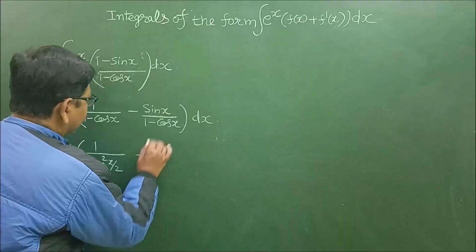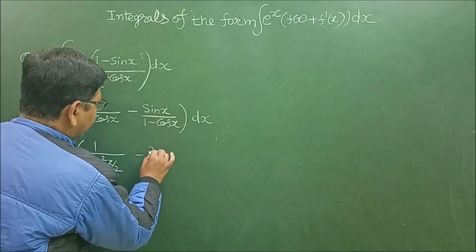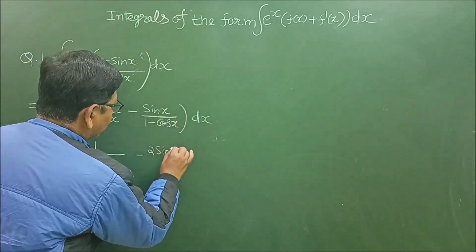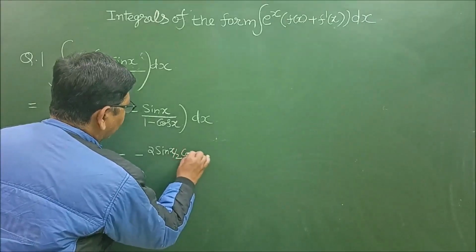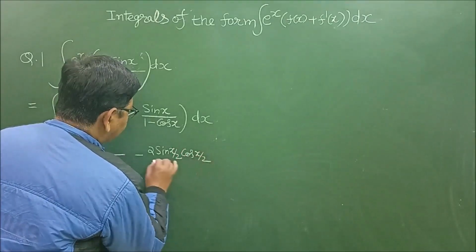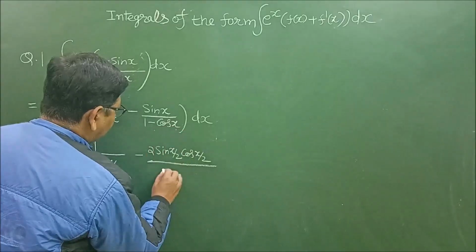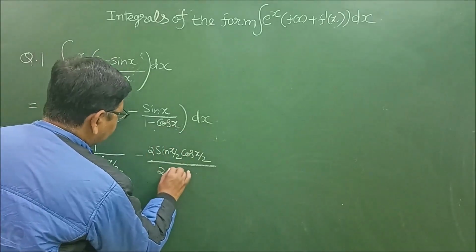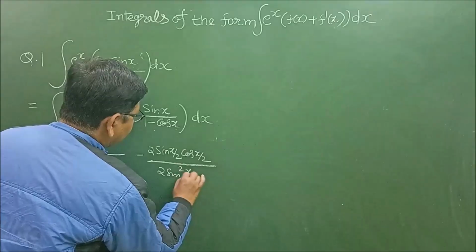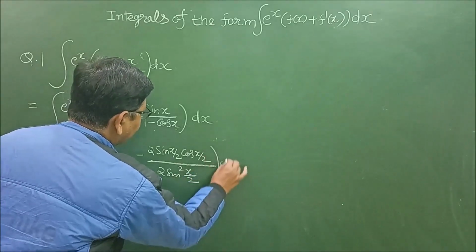Now minus this sin x can be written as, इसको हम लिख सकते हैं 2 sin x by 2 cos x by 2 upon 1 minus cos x, again इसको लिखेंगे 2 sin square x by 2, and dx.